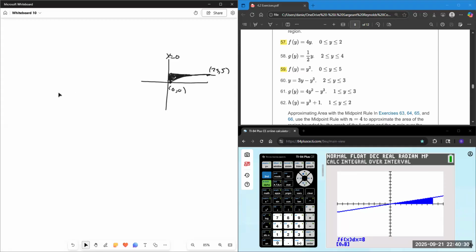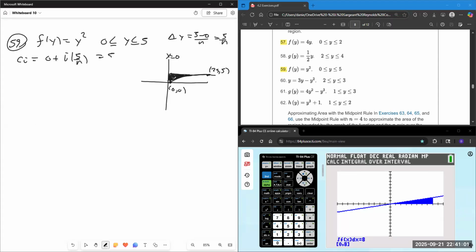This is f of y is y squared, from 0 to 5. Delta y is 5 minus 0 over n, which is 5 over n. Ci is 0 plus i times 5 over n, which is 5i over n.